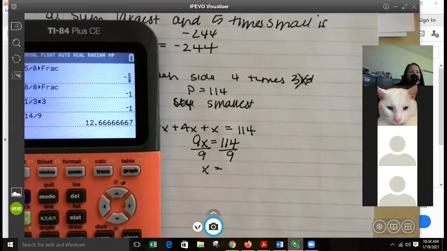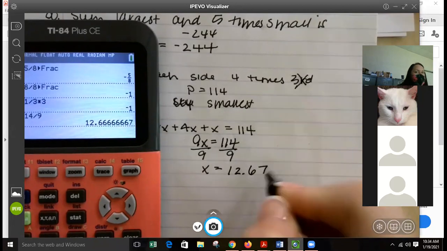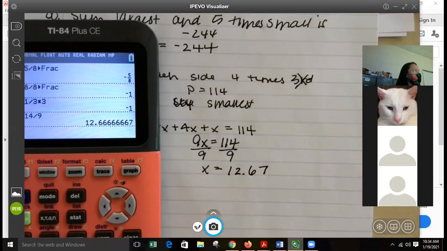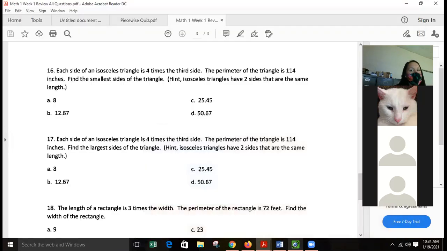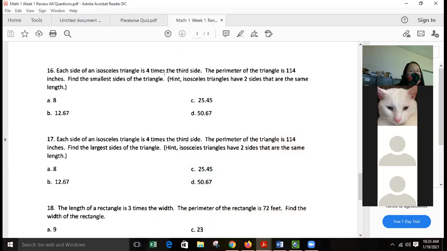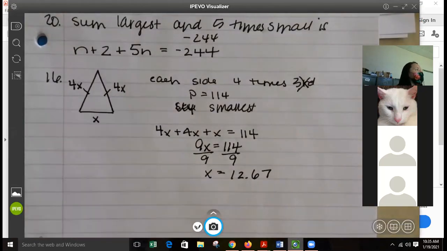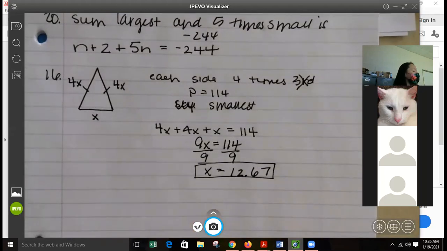Okay, perfect. So we get 12.67-ish. And that's okay. Notice I was freaked out at first, and then when I went back, they have decimals, right? It wanted the smallest side. What's smaller, X or 4X? X. So this would have been your answer, okay? So I'm glad I did that one with you and you don't have the decimal one.